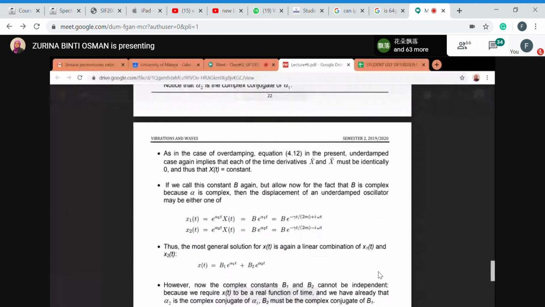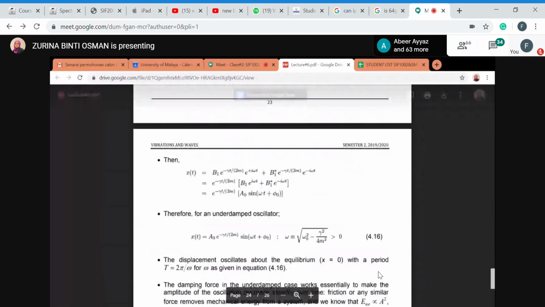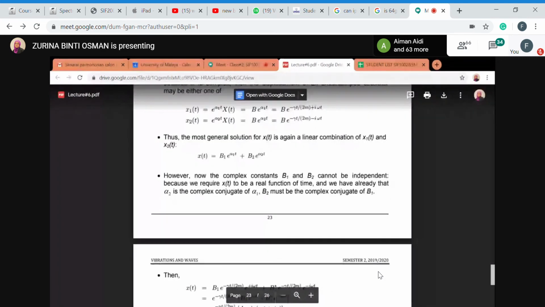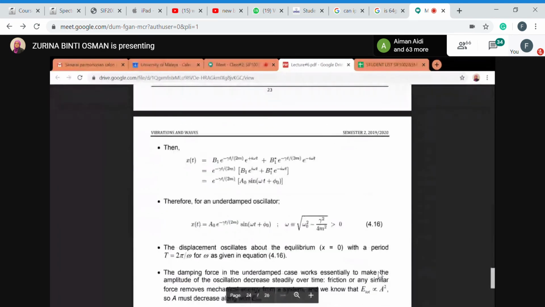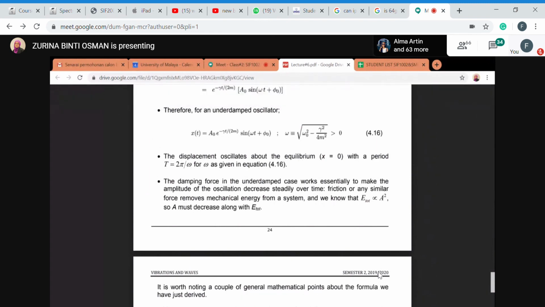The general solution is given by this, using constants V1 and V2. This is the solution for under damped oscillators. The displacement oscillates, so this shows oscillatory behavior.